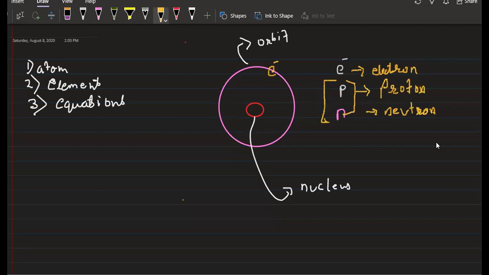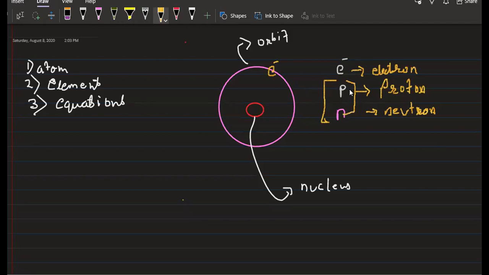Now, after understanding that the atom is composed of electron, proton, and neutron, we have to think: what's the difference between electron, proton, and neutron? That should be the obvious question. These are three different subatomic particles, so their properties should be different, their mass should be different.